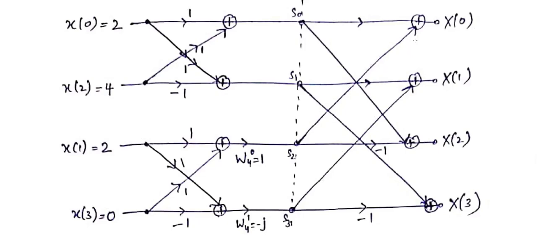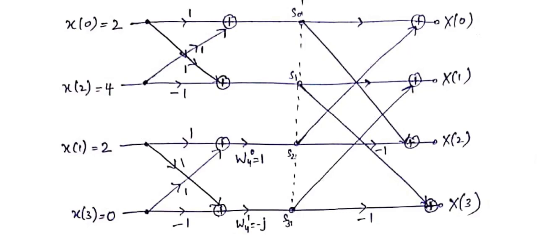You can go ahead and check X2 also. From the top it is coming like S2, and then from here it is S2 multiplied with -1. So it is S0 minus S2, and here also you will have one twiddle factor at the output, that will actually be W4 0, which is 1. That's why we have not shown that, but actually here also you will get W4 0, but that is equal to 1, so the answer will remain the same.